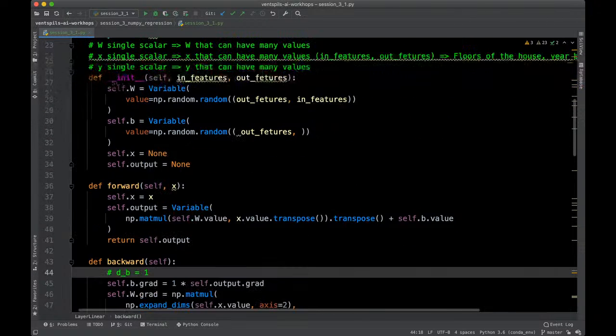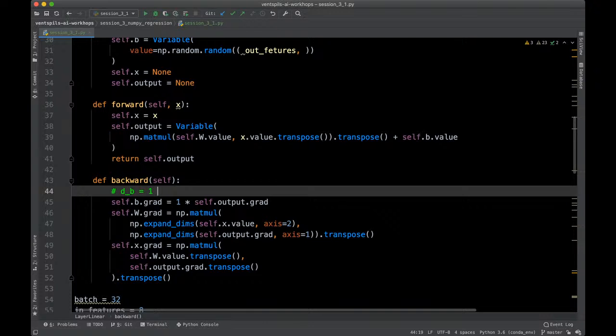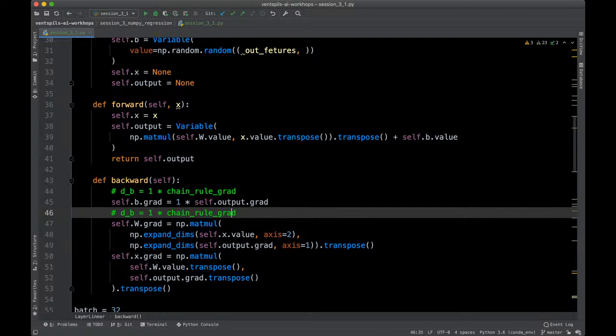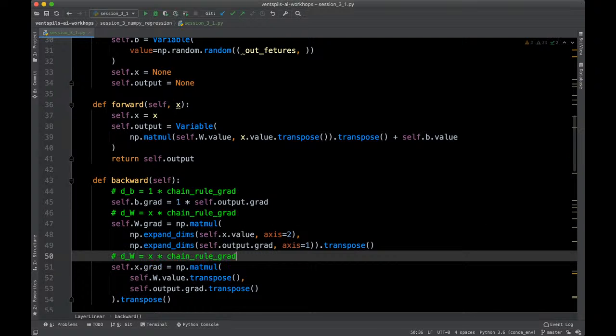This is 1, and it's multiplied by the chain rule grad, the same thing that we wrote in the equations today. So the dW is actually the x multiplied by the chain rule, right? And the dx is W by the chain rule.